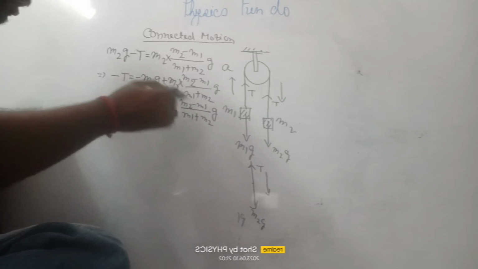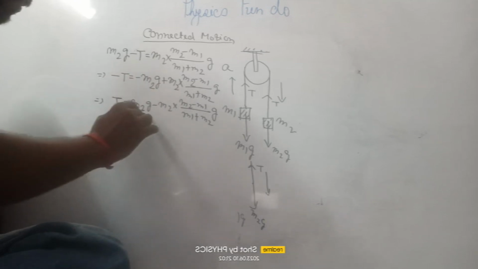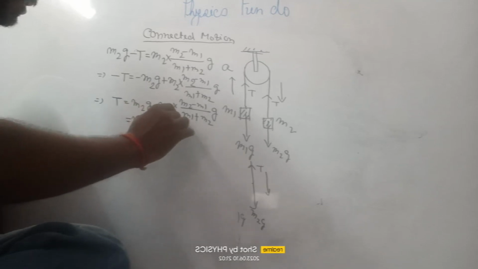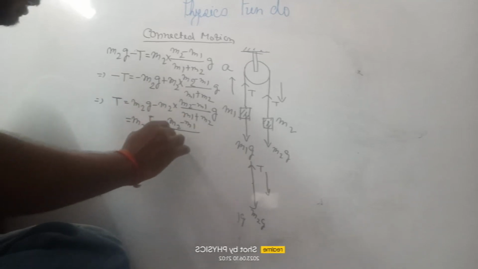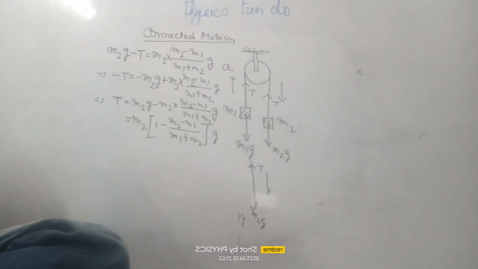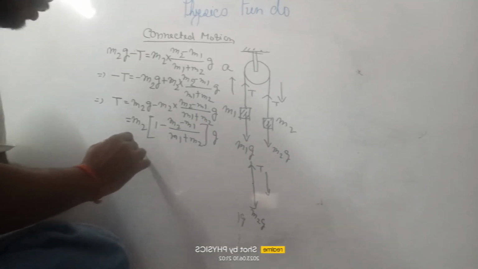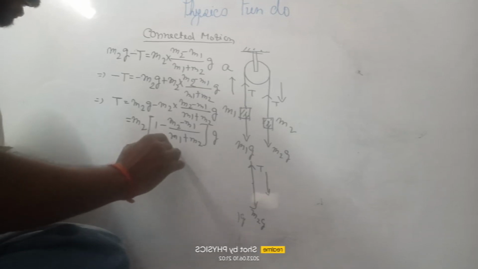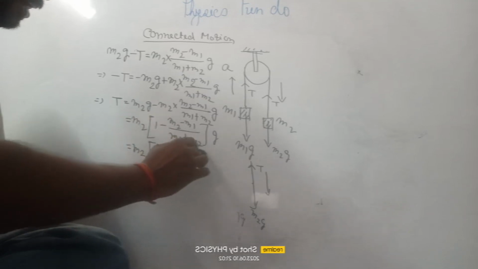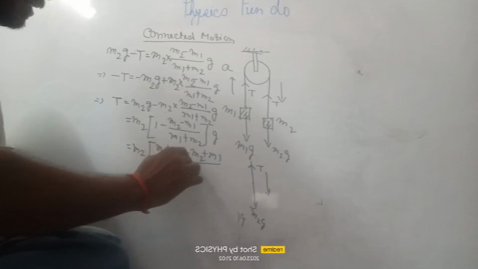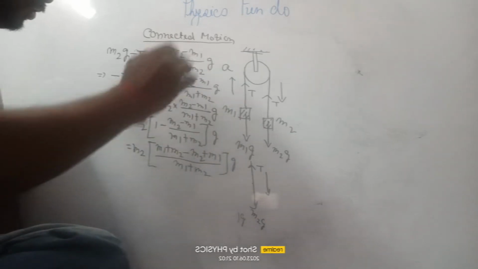That is equal to m2 common out from that equation, m2, and here 1 minus (m2 minus m1) by (m1 plus m2), and g has also been separated from there. So we have m2 times, now taking the LCM, (m1 plus m2 minus m2 plus m1) upon (m1 plus m2) into g.